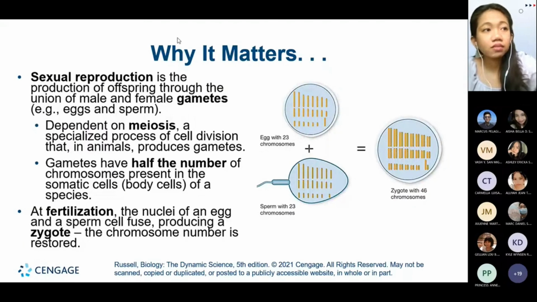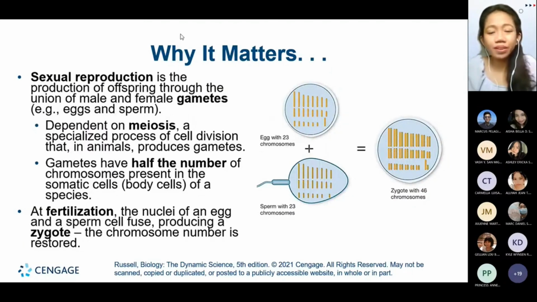Sarah, yes? Haploid po. Yes, haploid. So, that's the correct term. Pag diploid, yun yung mga products ng mitosis. But for meiosis, their genetic material is always haploid.